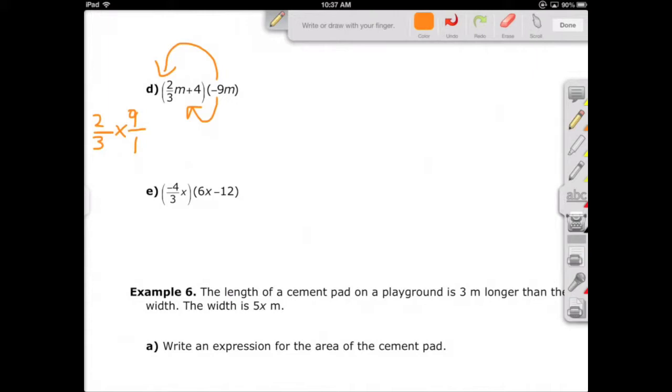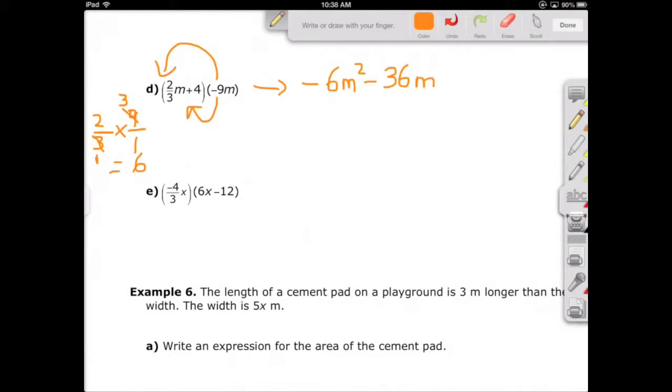Although if you've been paying attention to your cross-canceling, which you should know, you can cross out the greatest common factor of 3 and 9. You can divide that out, essentially, and you're left with 6, nice and reduced.